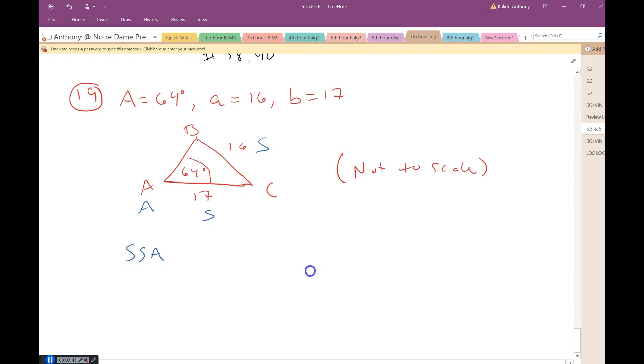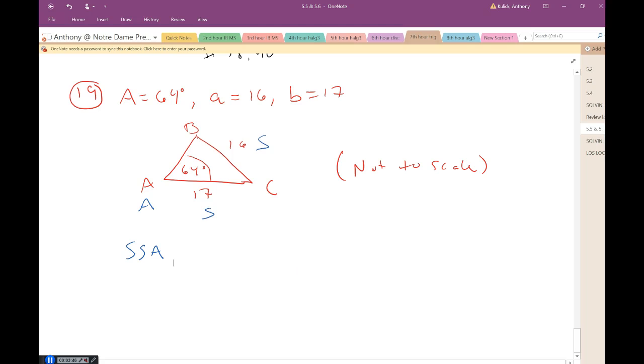Okay. So the SSA situation is one where we have to be careful. The place where we have to be careful is if the angle that we're given is acute. Is that what's going on in our case?